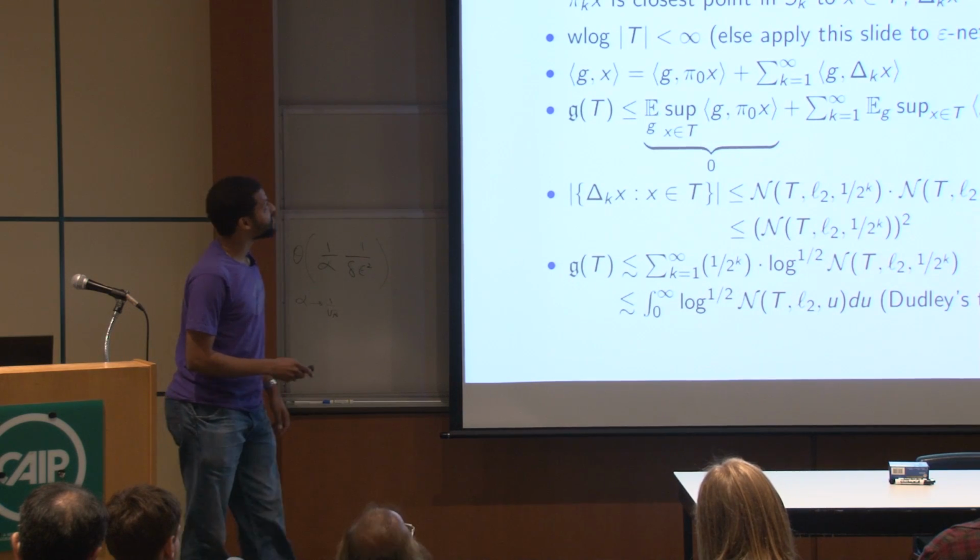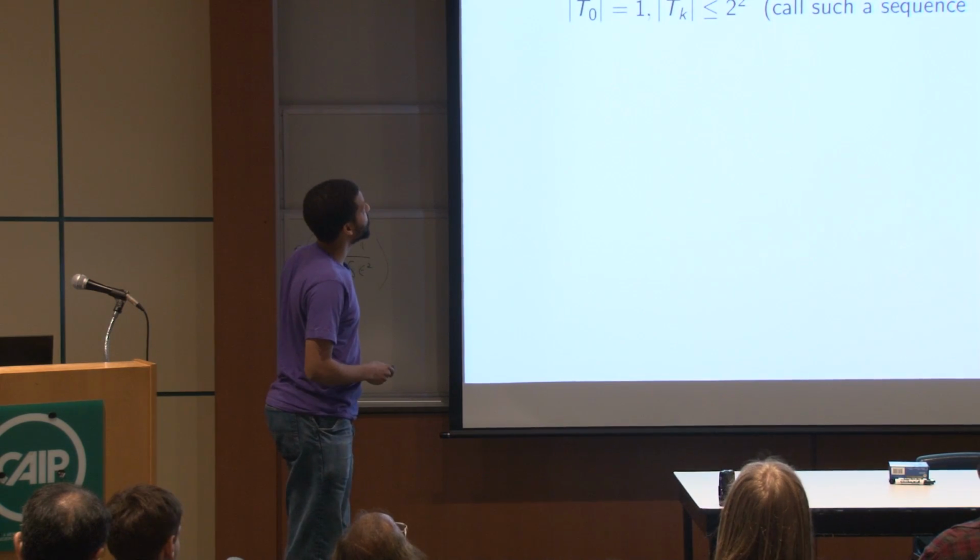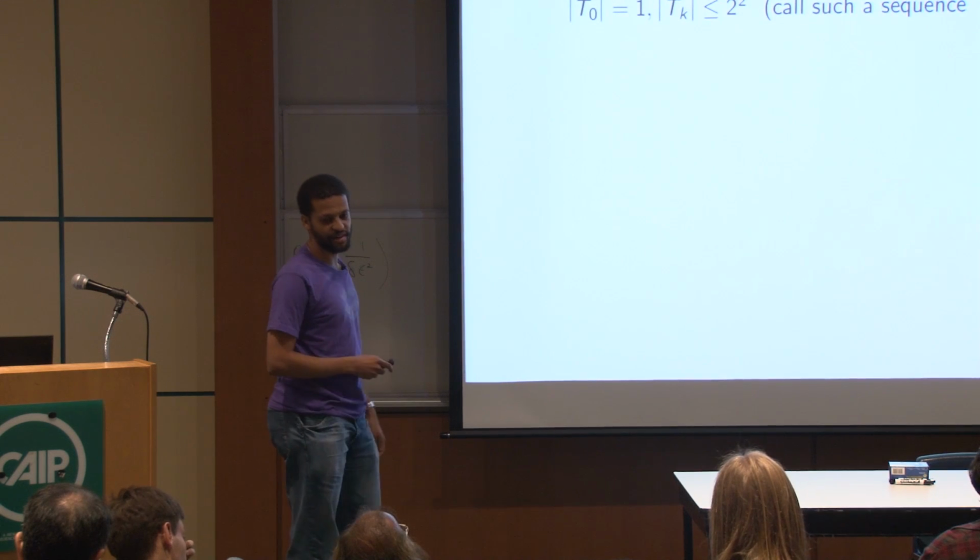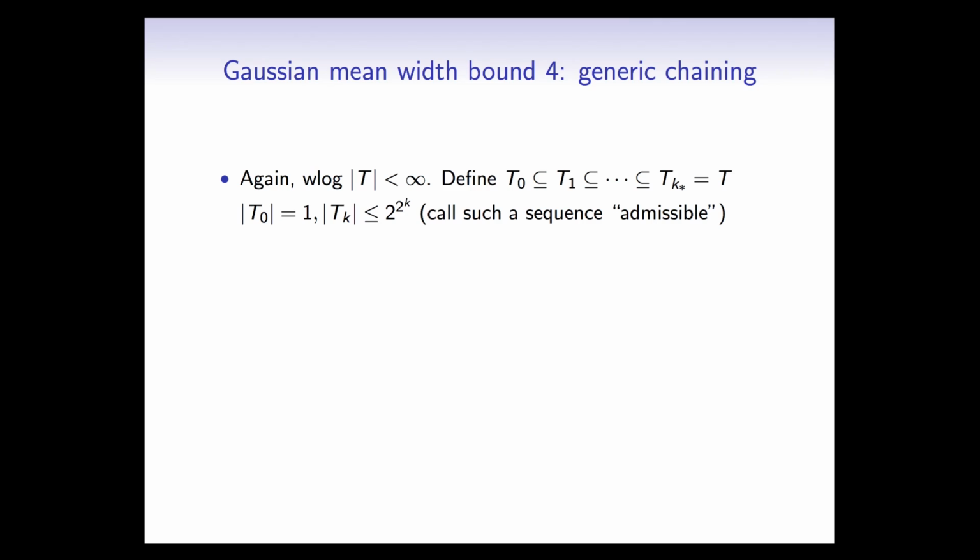Okay. Good? So now let me move into generic chaining. Before I actually give you the proof, it's also going to be a short proof. All of these are short proofs. Again, without loss of generality, the size of T is finite. And I'm going to have a sequence of net-looking sets. They're not epsilon nets.